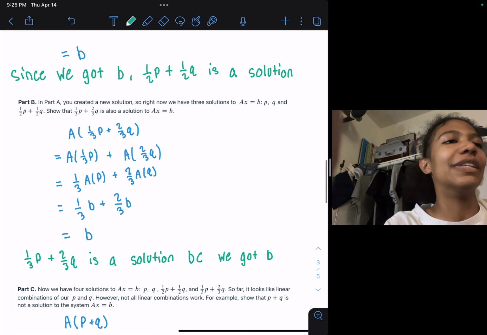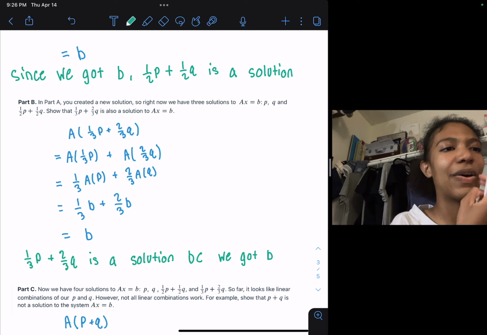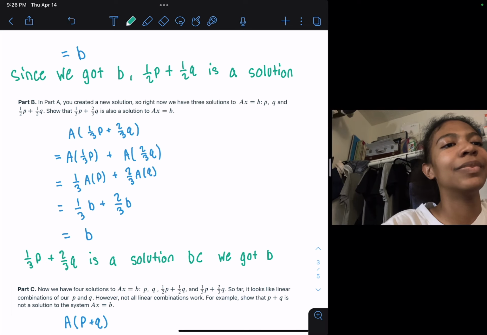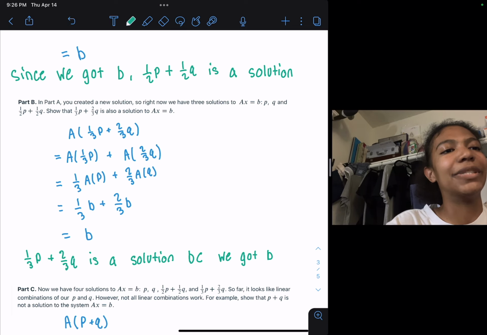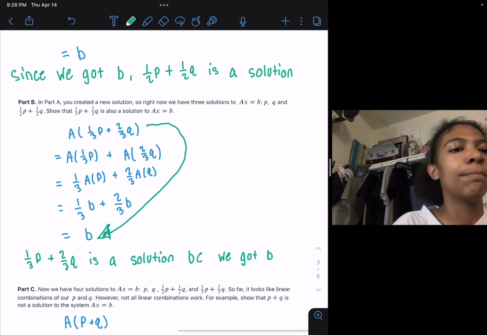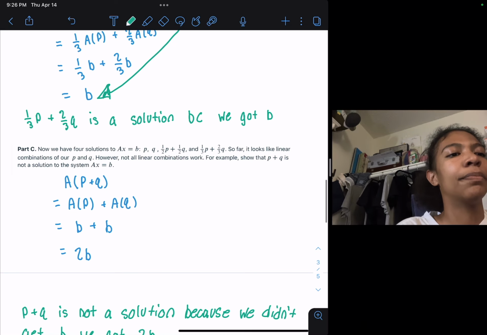And we could do the same thing in part b. So we know that 1 over 3 p plus 2 over 3 q, using the same steps we did in part A, we also get b. That means that it's a solution as well.